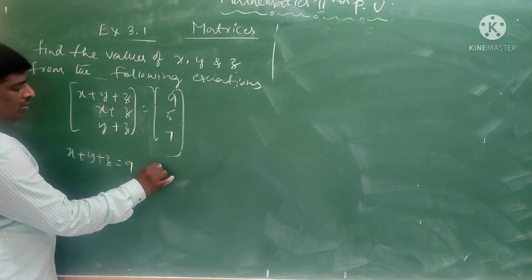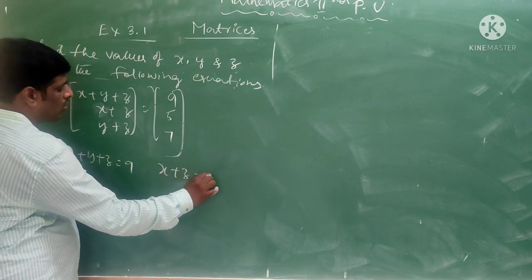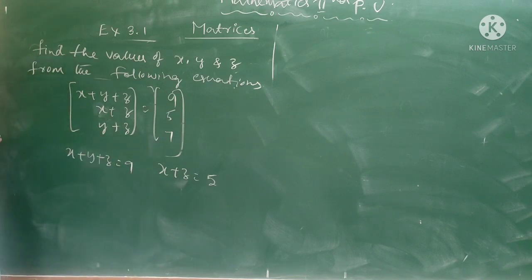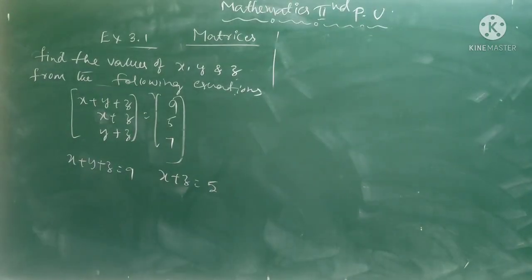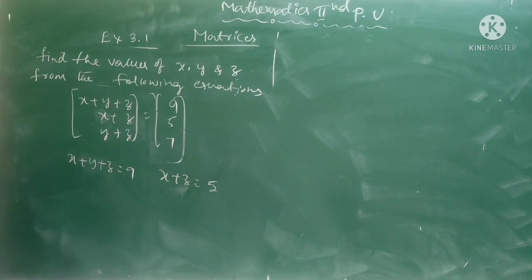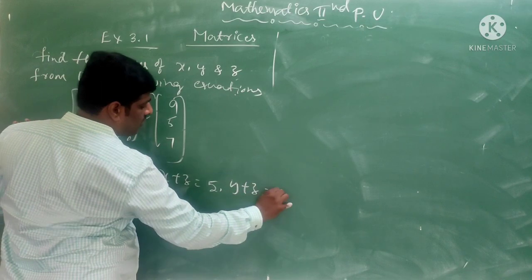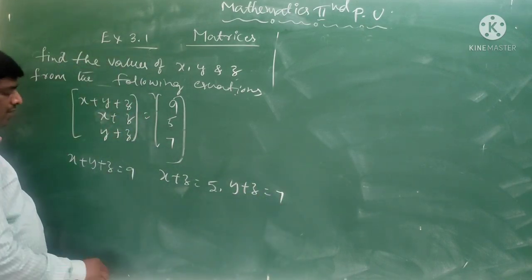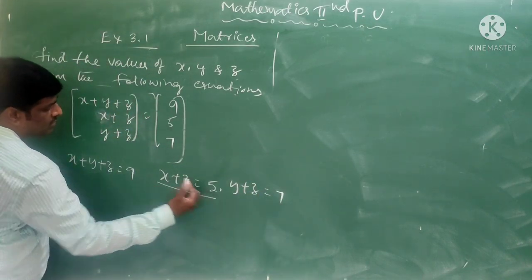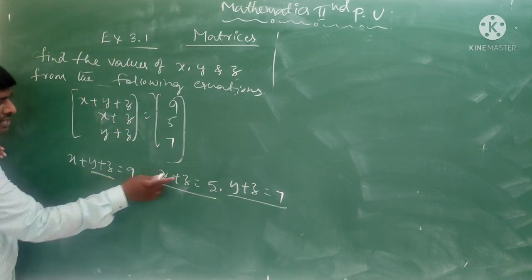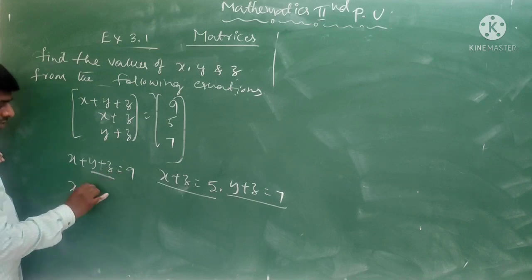So here x plus z is equal to 5 and y plus z is equal to 7. Here x plus z is equal to 5, y plus z is equal to 7.